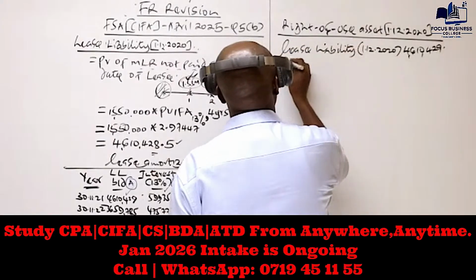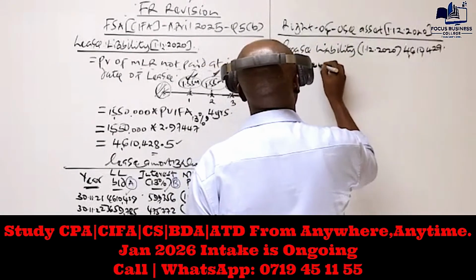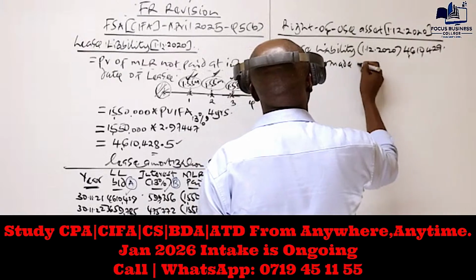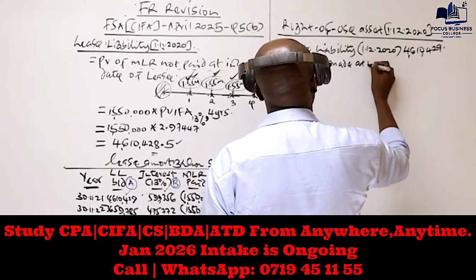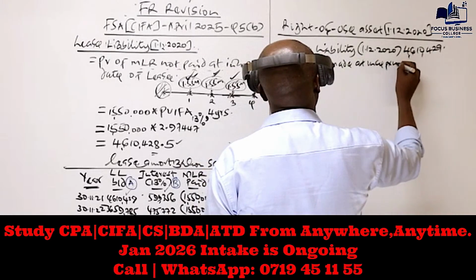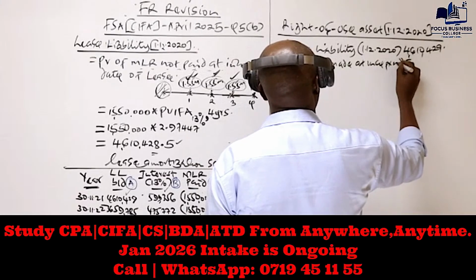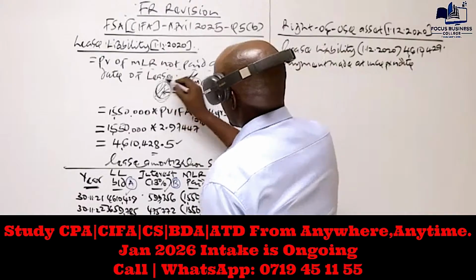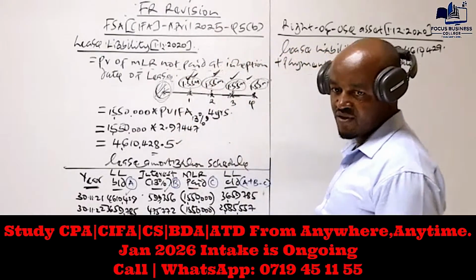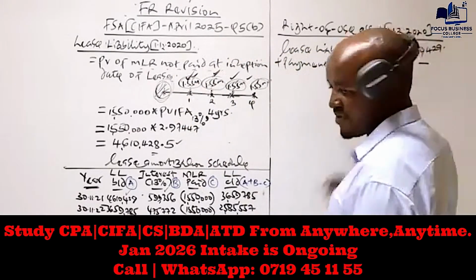To this we said we add any payment made at the inception date of the lease. Do we have any payment which was made here at the inception date of the lease? In our case, we don't have any payment which was made at the inception date.